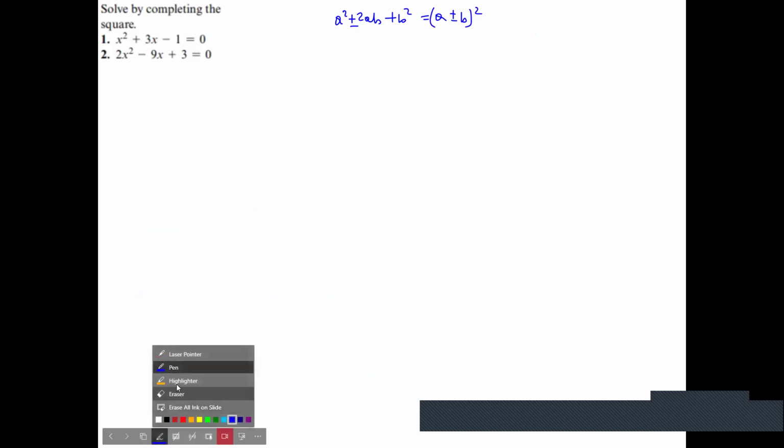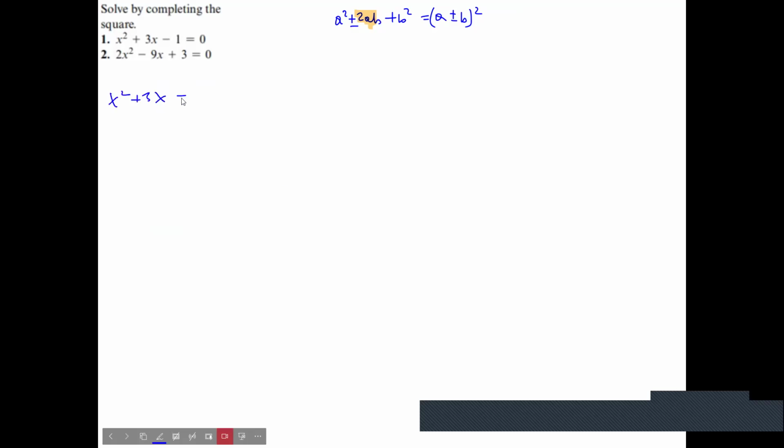So the main manipulation, what we do is here. So let's start. X squared plus 3x equals 1 as the first step. Now, I check, do I have a equals 1? Yes, I do. Now, x squared, so now I refer to the formula.